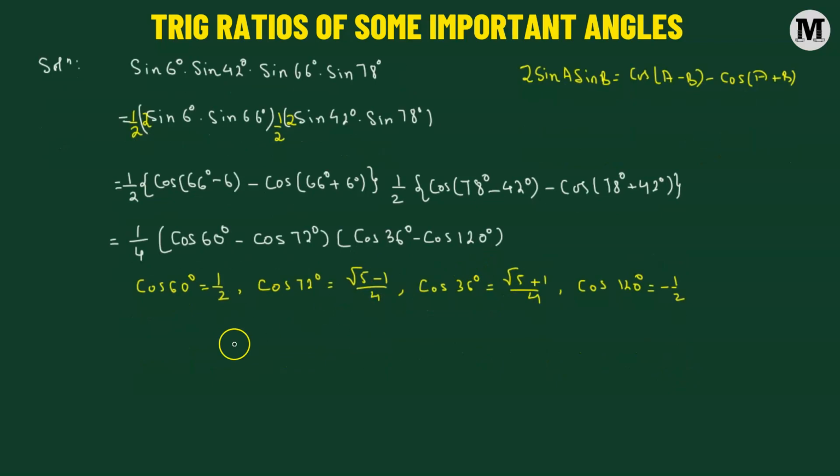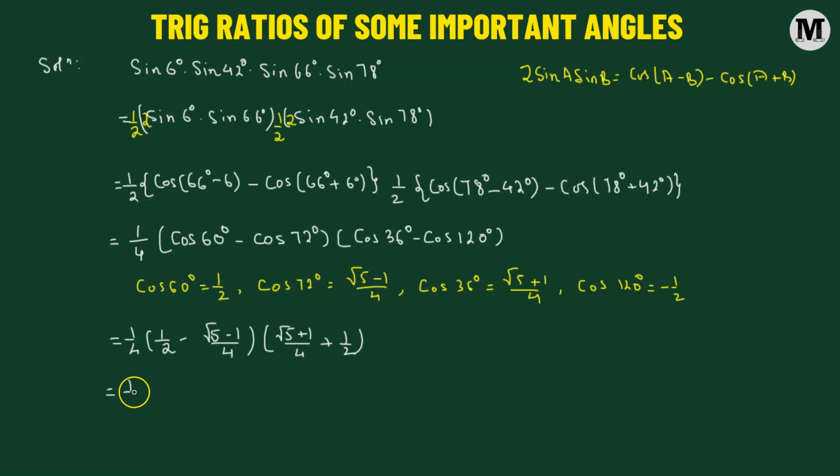Now we will have 1 over 4 multiplied by cosine 60, that's half, minus cosine of 72 degrees, that's square root of 5 minus 1 divided by 4, times cosine 36 degrees, that's square root of 5 plus 1 divided by 4, minus cosine 120 degrees. Since 120 degrees corresponds to negative half, we will get positive 1/2.